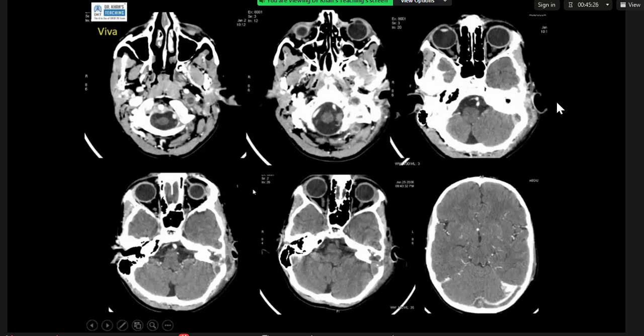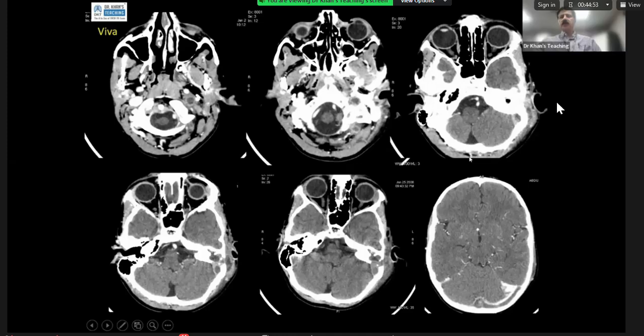Looking externally as well, there appears to be some enhancing soft tissue external to the region, seen at the upper right image. Yes, this one here. I'm not sure what that could be, but the filling defect could represent thrombus. Then looking externally, that one could be due to an infection.